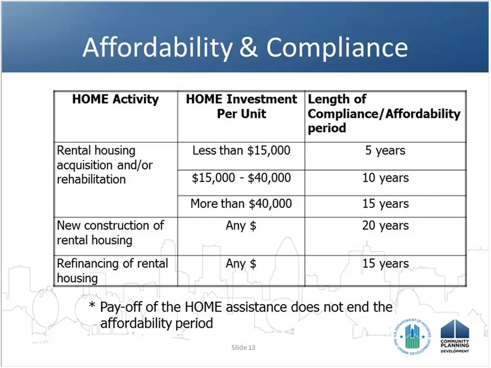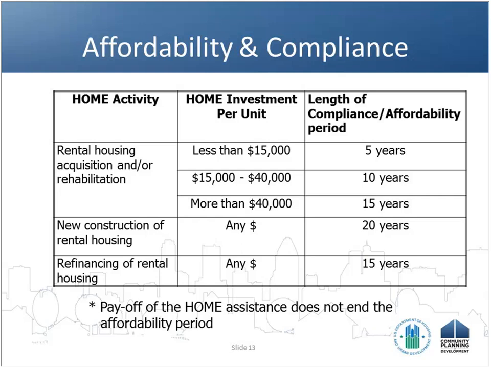In that case, once the 15 years that's required under our HOME affordability period has been completed, those restrictions about being able to reinvest in the property would go away. Also, that designation as a HOME unit and having to follow specifically the HOME long-term compliance requirements would also go away.